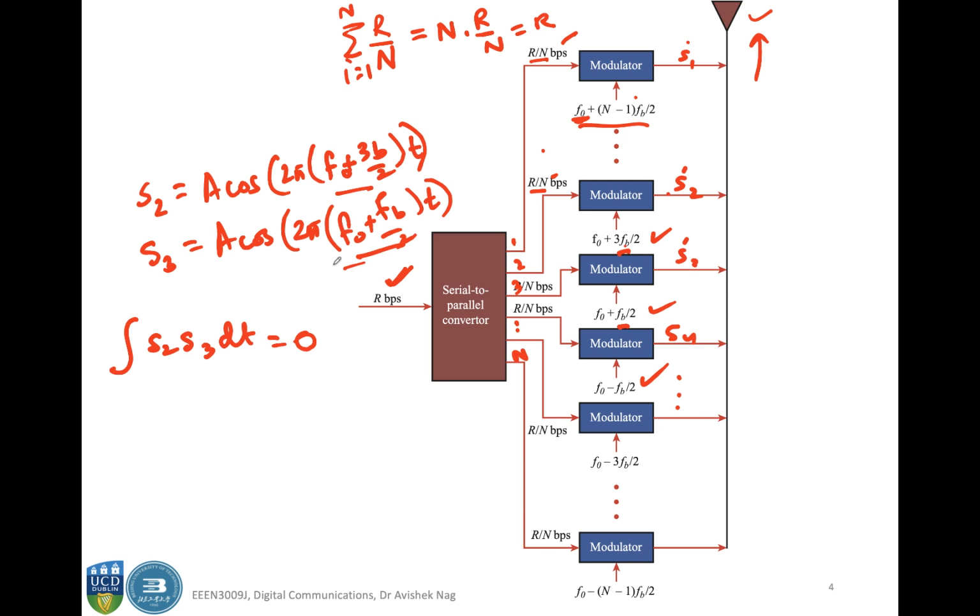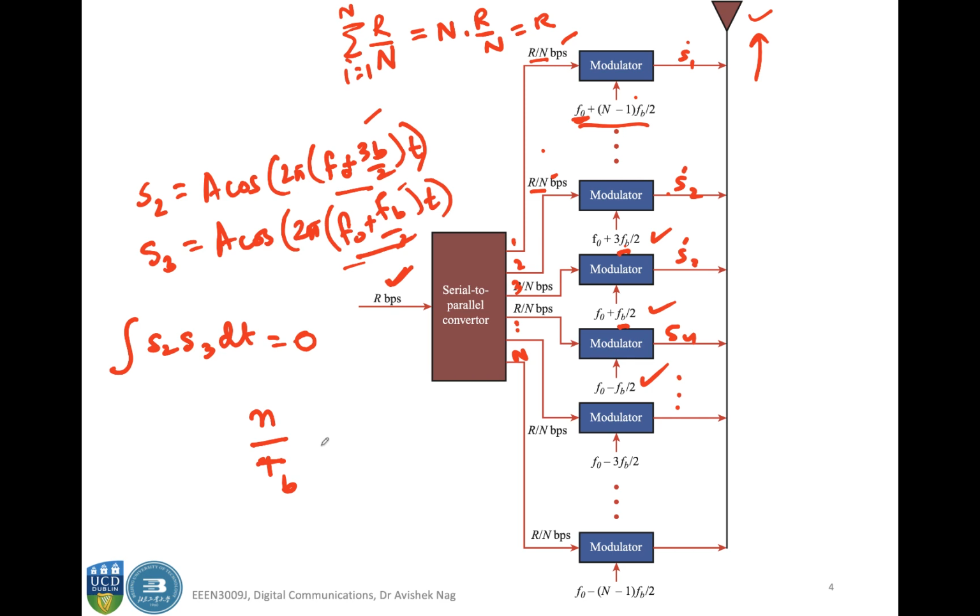We have done this before, when we were doing frequency shift keying and trying to have two signals on two different frequencies orthogonal to each other. If you do this, the spacing between these two frequencies should be a multiple of 1 over TB, where TB is the bit duration.